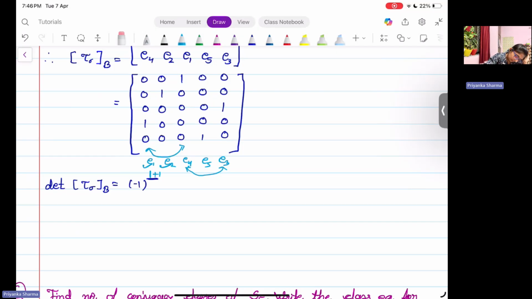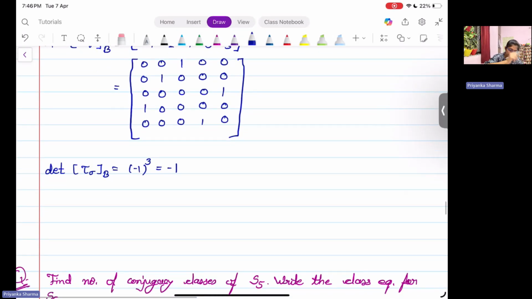And then this will become E3 and this will become E4. But we need E4 here and E5 there. So again, we will use the elementary operation there. That is, we have (-1) to the power 3. So the determinant is -1, which should be the sign of the permutation.